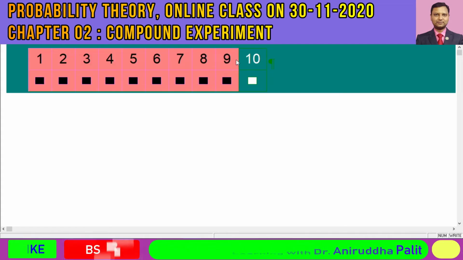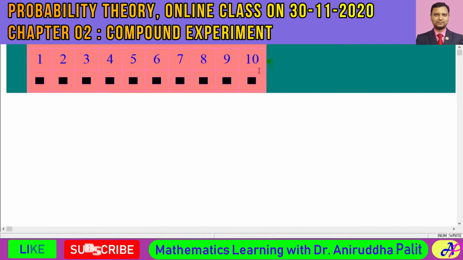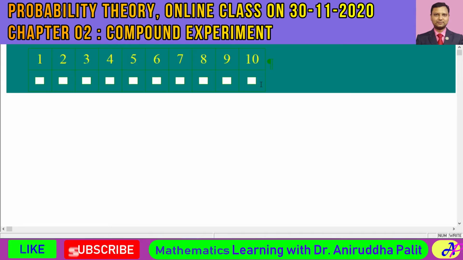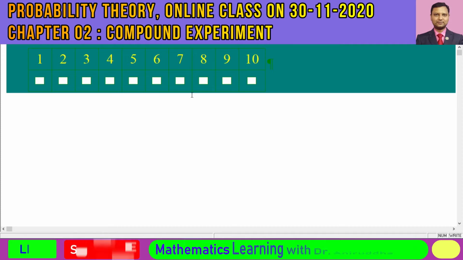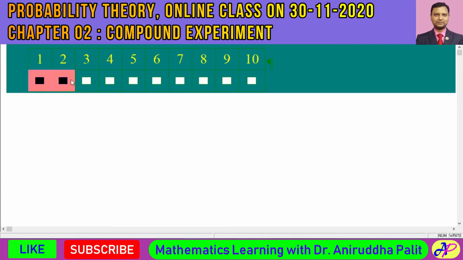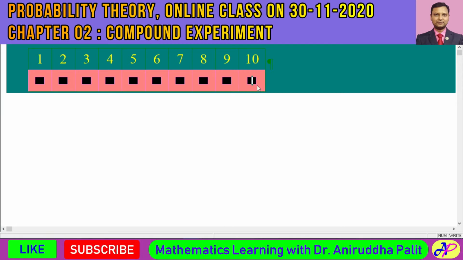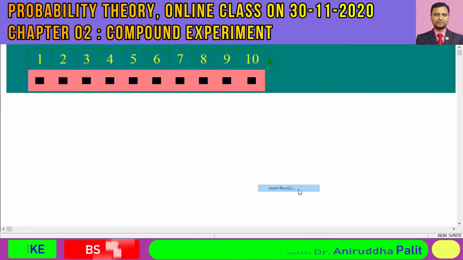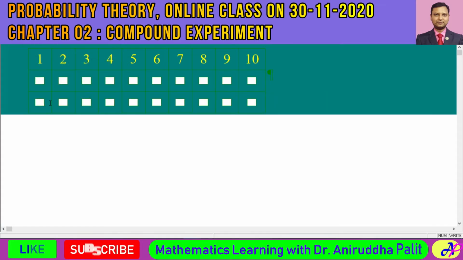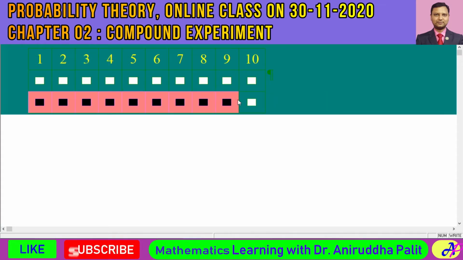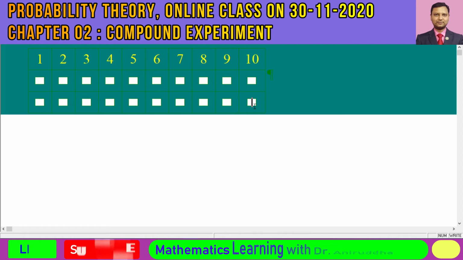And suppose this row designates the first matchbox, and let us insert one more row. Suppose this row designates the drawing of the second matchbox.